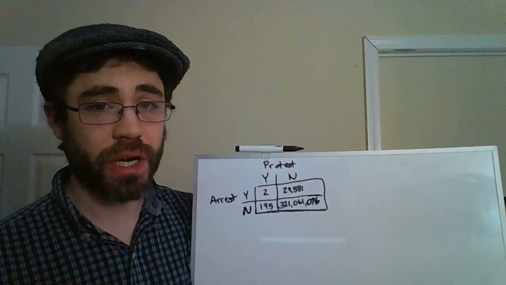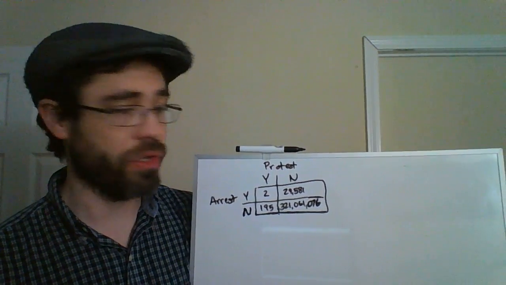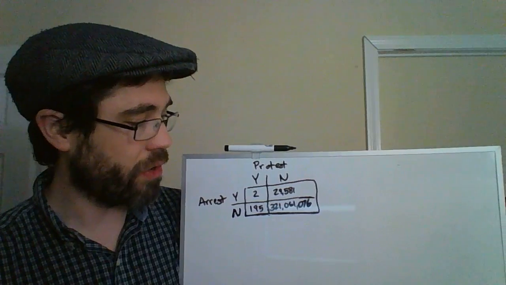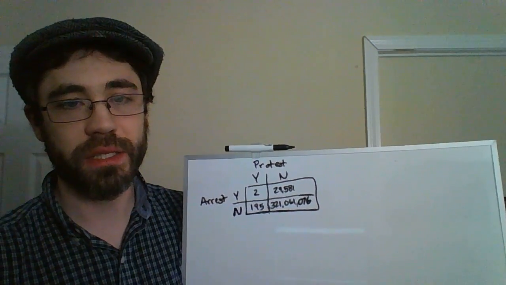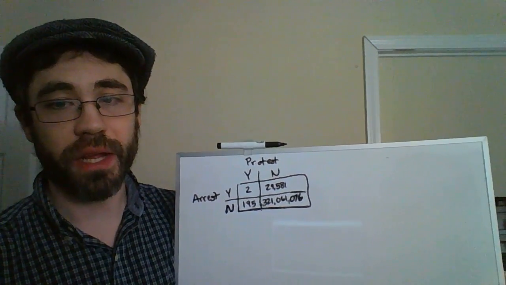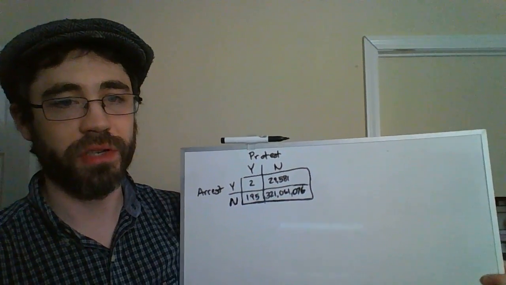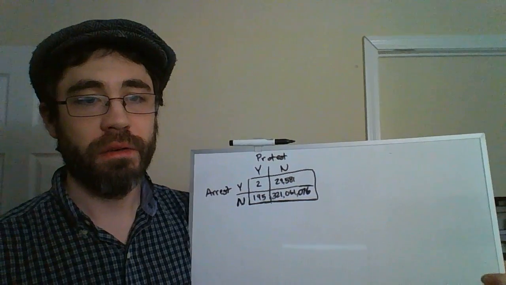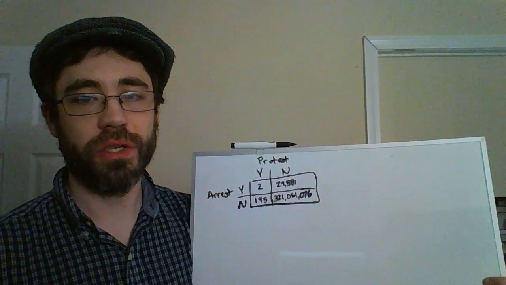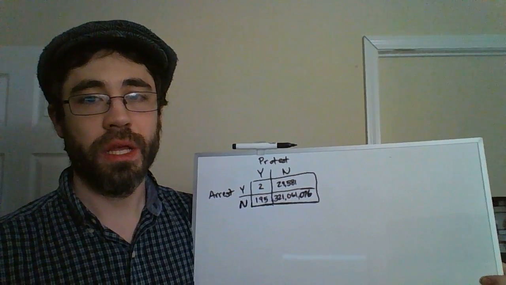Unfortunately, by themselves, it's hard to make heads or tails of these because the scale's so different, right? We can't just eyeball it and say, oh yeah, that one's more or less. But we can calculate all the necessary probabilities to decide whether we're more likely to get arrested if we protest from just these numbers. First, though, let's step back and talk about terminology and symbols.